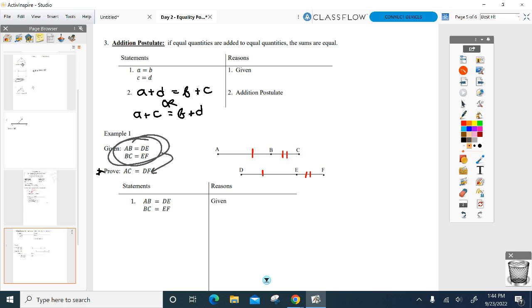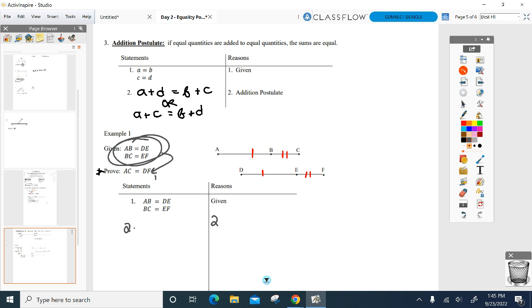And what am I doing from DE and EF to get to DF? Getting bigger. What's the only thing I do to get bigger? I've got to do what? Addition. Correct. And before you add, you better have two quantities to add. Do I have two quantities to add? Yeah, they're both given. So in step 2, this is how we're going to connect everything. You've said, oh, I need to add. Write down what you're adding then.